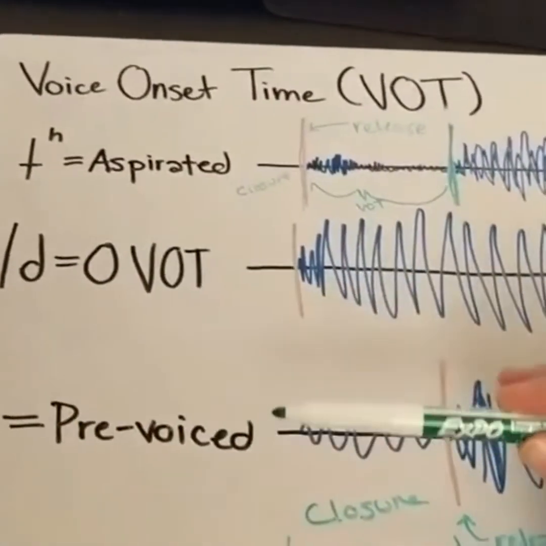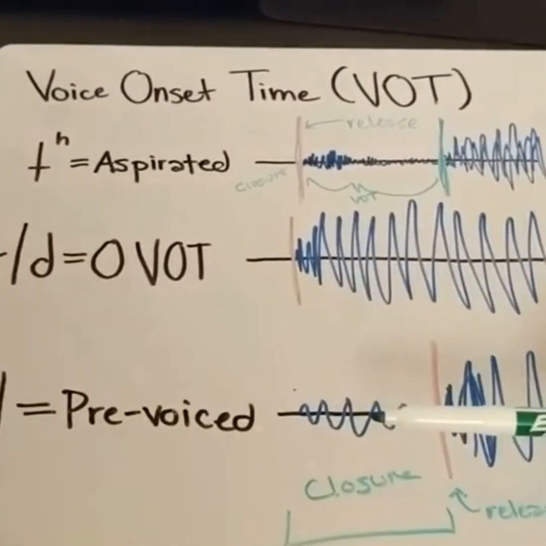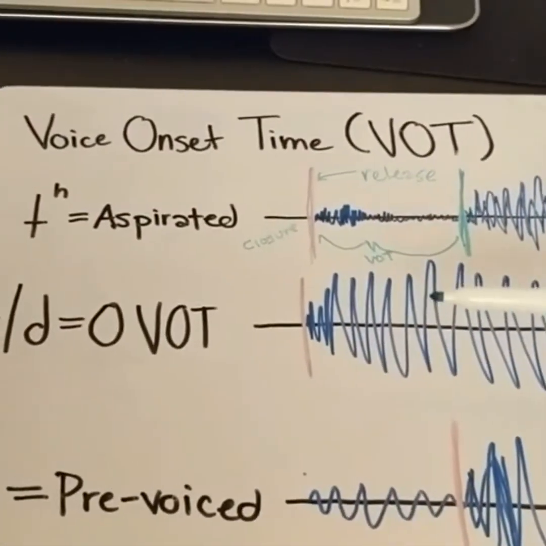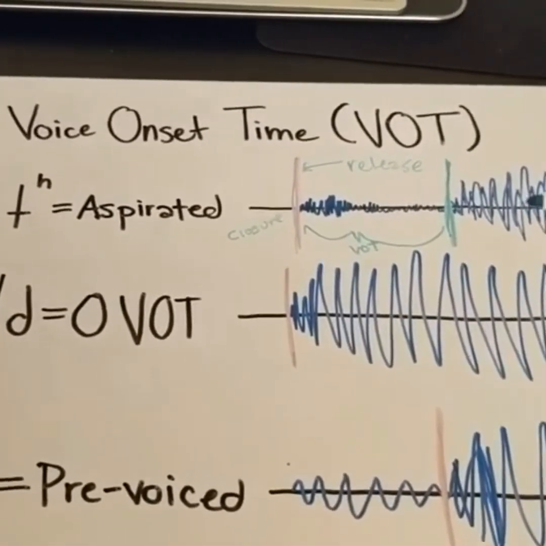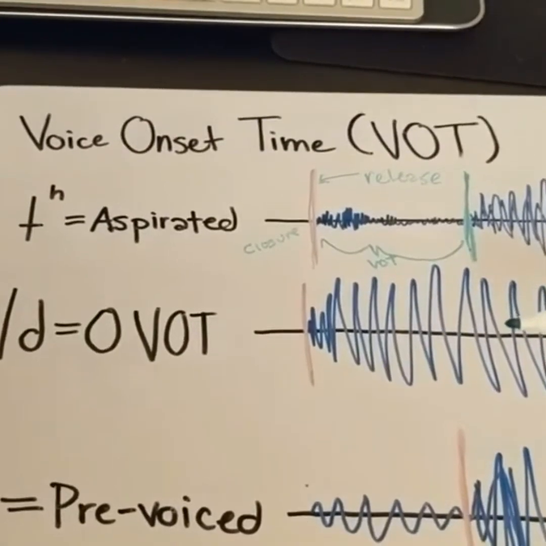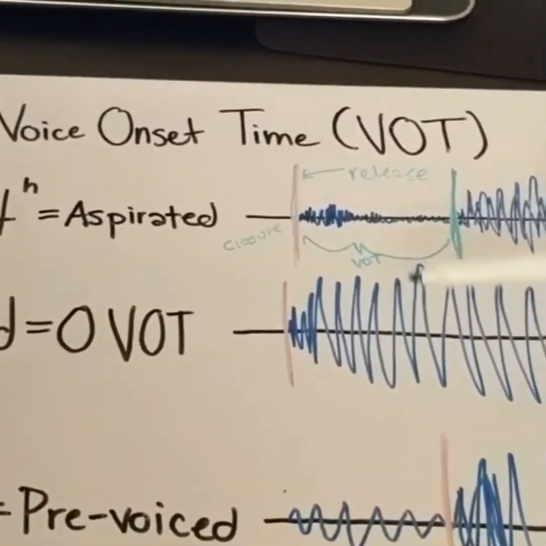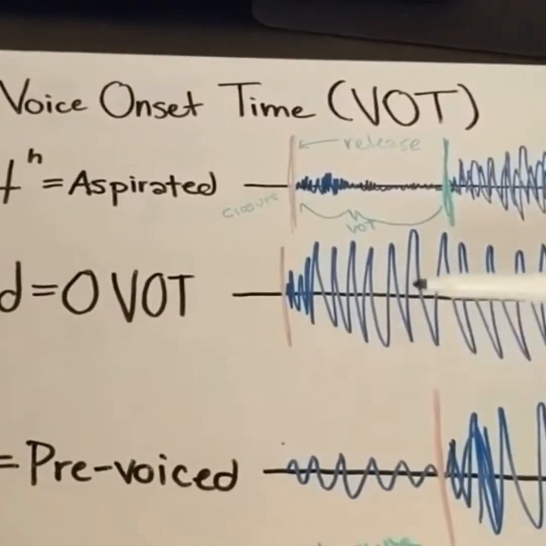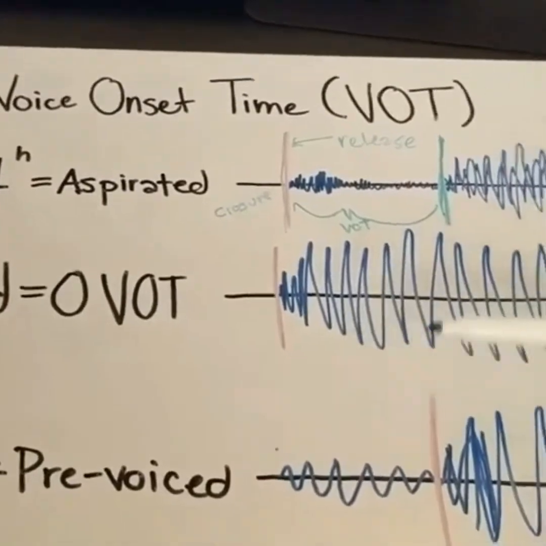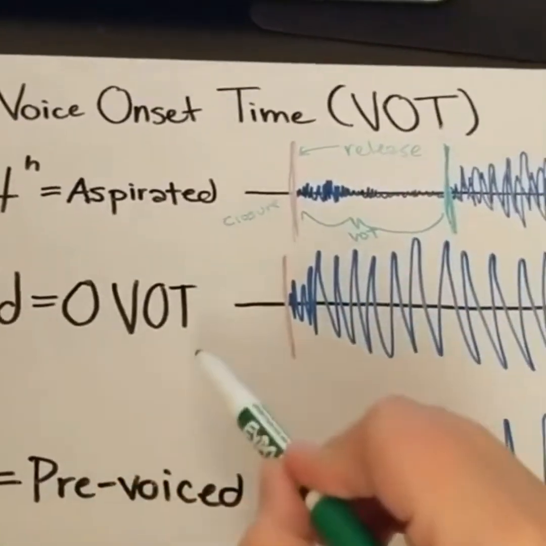Now we have this area in between something that is clearly aspirated and something that is clearly pre-voiced, and these are what we call regular T's and D's. And language to language, what we call a T is somewhere in between here and here usually, and what we call a D is somewhere in between here and here. It's usually somewhere around here. This is a 0 voice onset time.